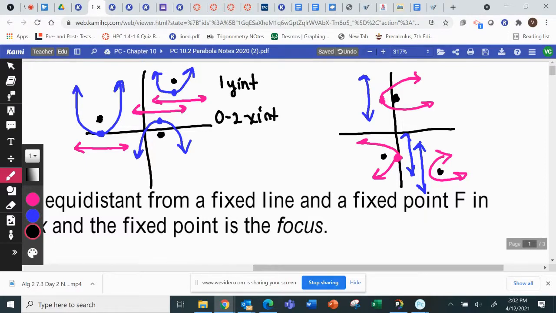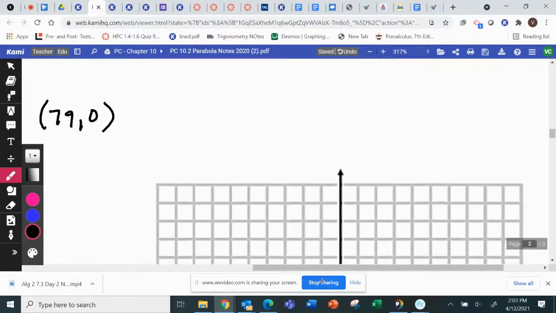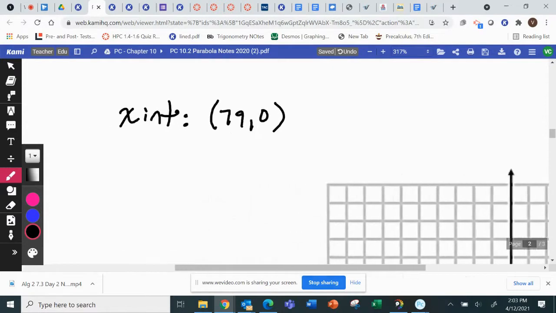Now, when we look at the side to side, same thing, only everything's backwards. So there has to be one x-intercept, and then there can be 0 to 2 y-intercepts. So in the assignment, if they tell you the x-intercept, and they don't say there's 2 of them, they're telling you that is the only one.